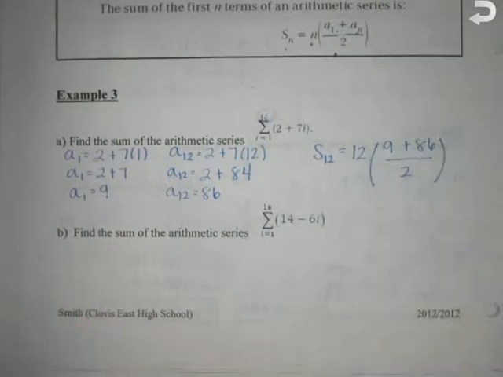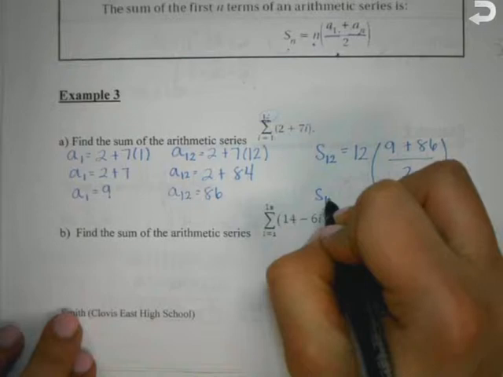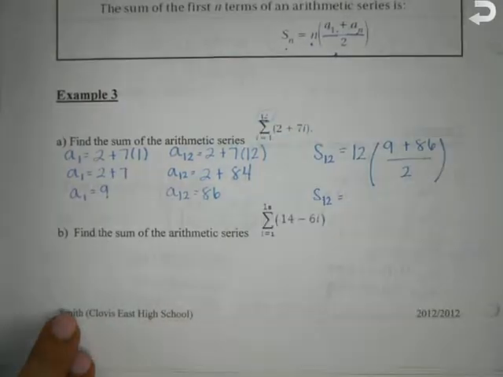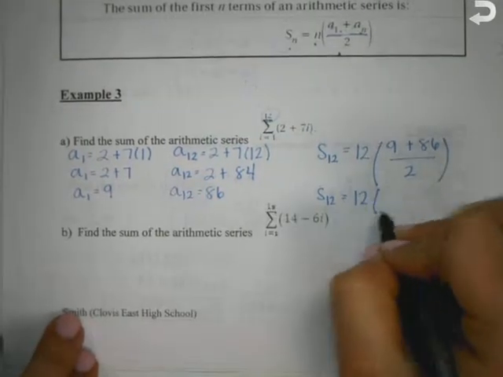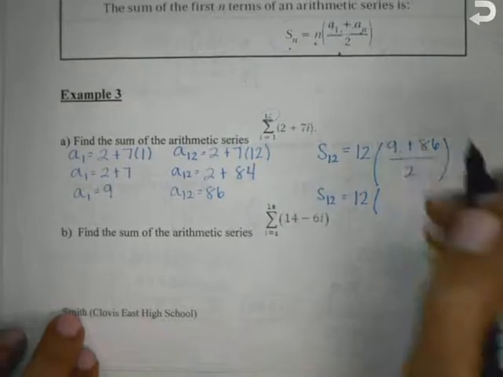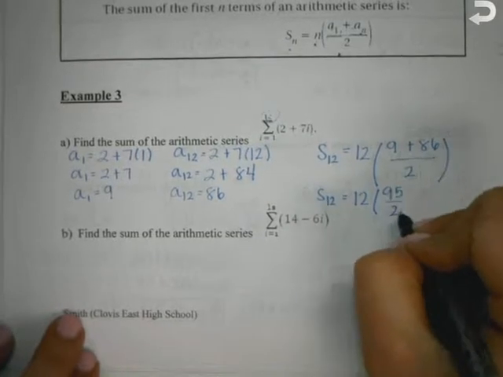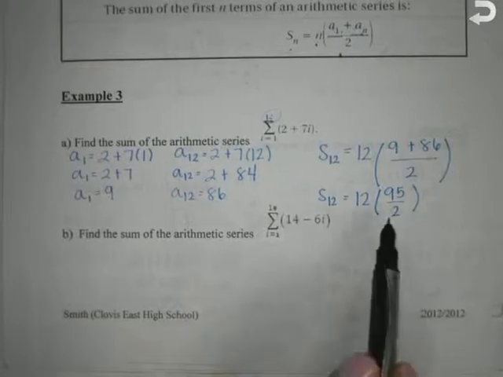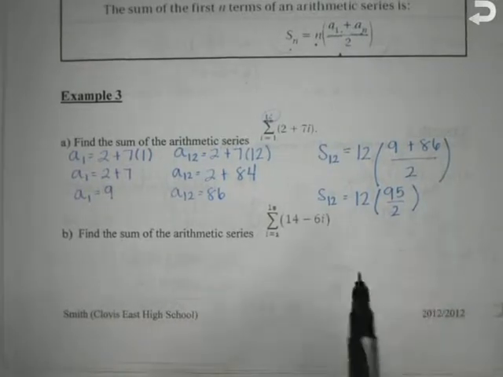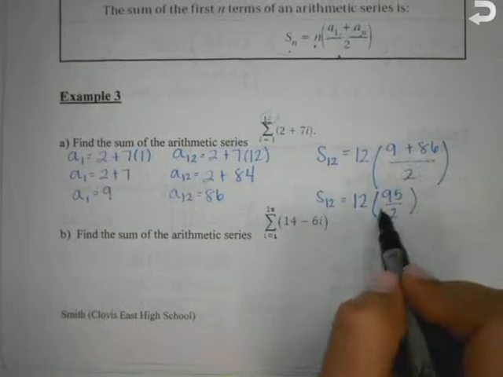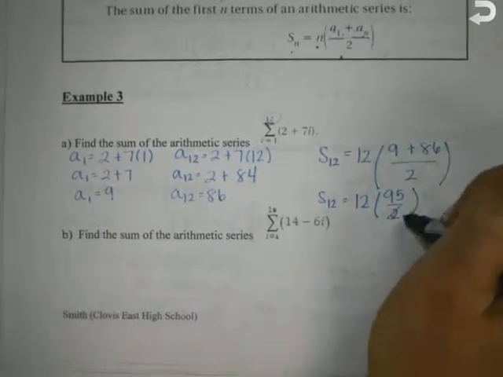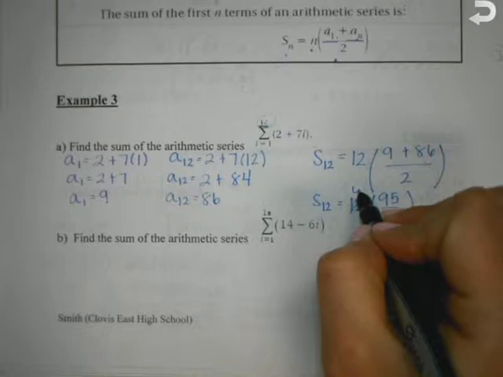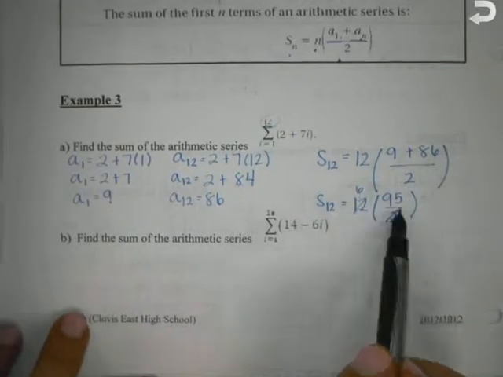So the sum of the first 12 terms is equal to 12 times 9 plus 86, which is 95, over 2. Now 95 divided by 2 doesn't give me a whole number, so instead I'm going to reduce these two. 2 goes into 2 once, 2 goes into 12 six times. So we have 6 times 95. So S sub 12 is equal to 570.